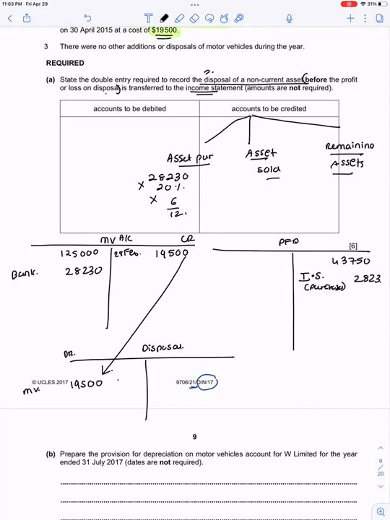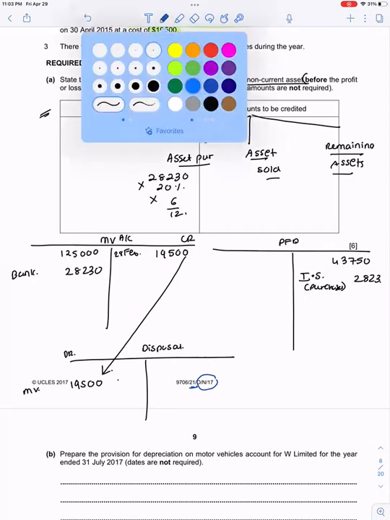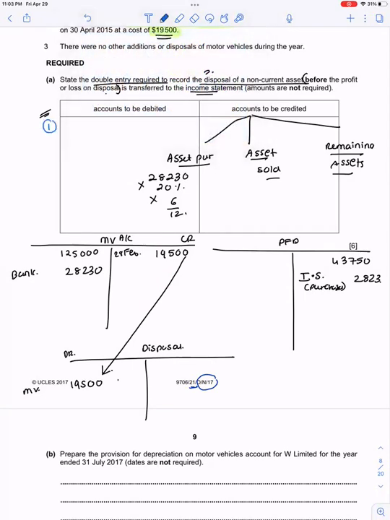Are you with me? Yes, sir. Okay. So if I have to pass a journal entry for the disposal, the first journal entry is to remove the cost. Which account is debited? Disposal account.